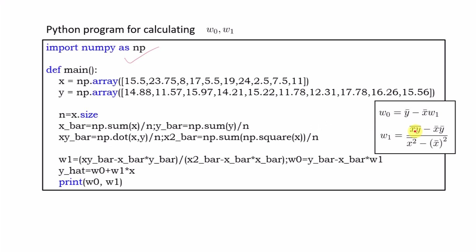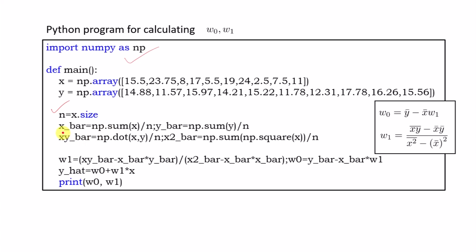So I have to calculate X bar, Y bar. Here X is the input array in NumPy and Y is the output array, that is the propellant shear strength in NumPy. And N is the size of this array. You can take any one of them.